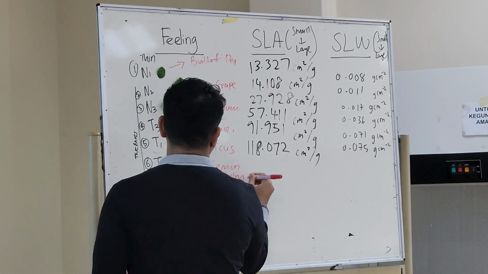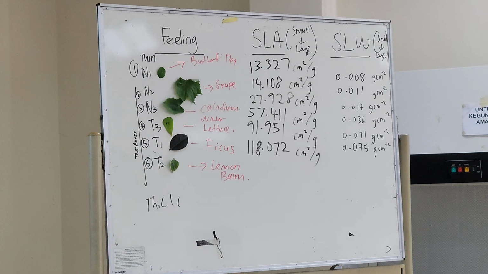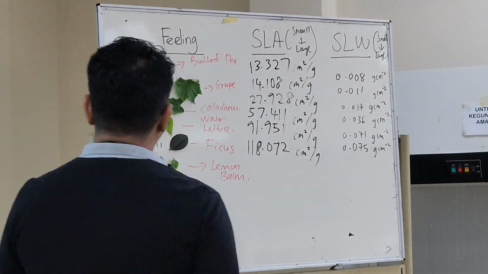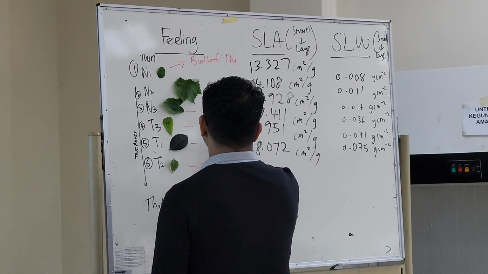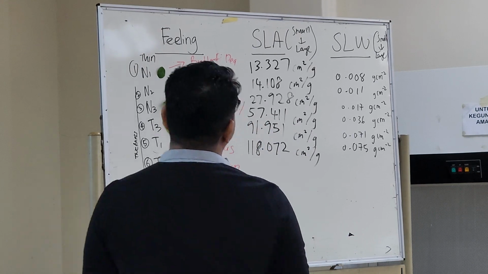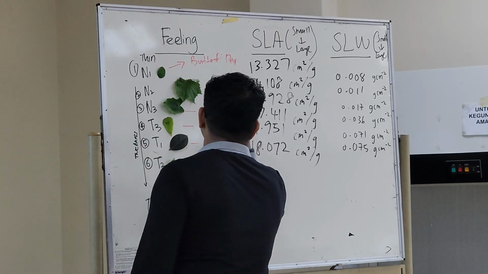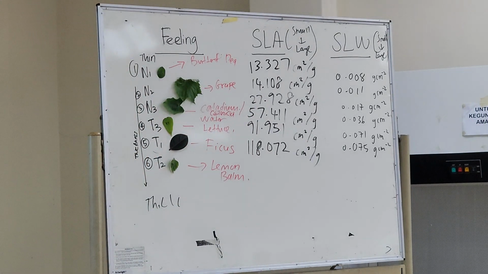Oh, is it Colocasia? Let's write both. Colocasia, the taro family. Right. Okay.